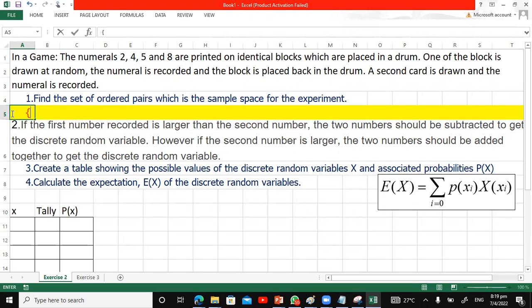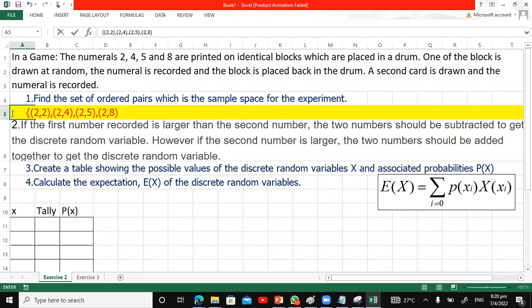The first number selected, perhaps it's a 2. After the 2 is selected, we would have returned that to the drum. So it's possible that the second one could be a 2. We could have 2, 4, 2, 5, 2, 8.